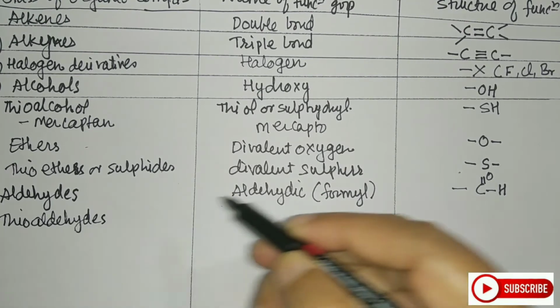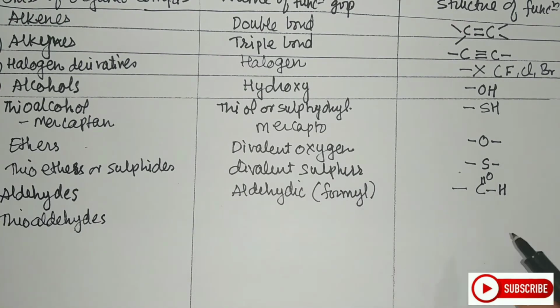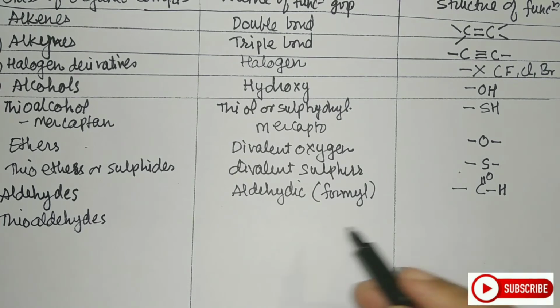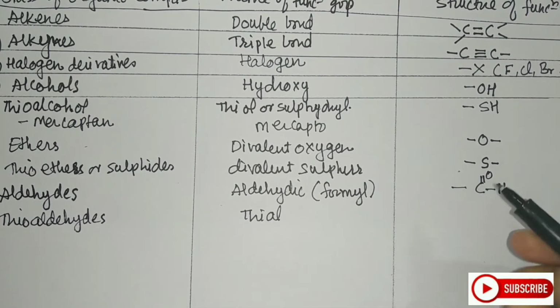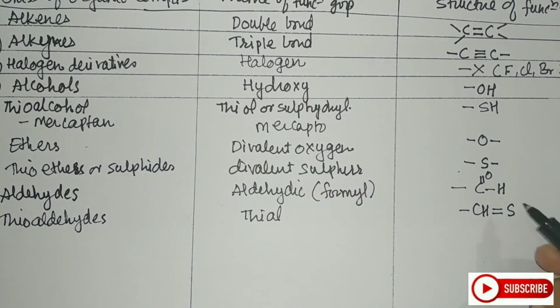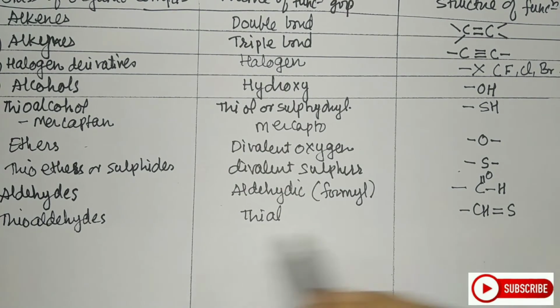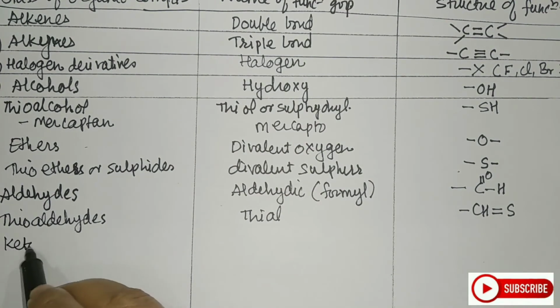When you get the word thio, it means sulfur must be attached to it. The group is CH double bond S. Now instead of oxygen, you have a double bond S. Next is ketone.